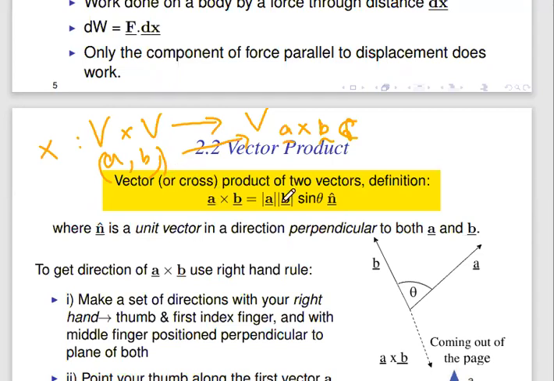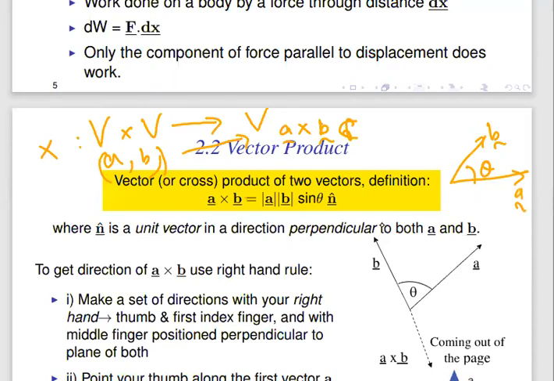Some people call this cross product, some people call this vector product. The definition is magnitude of A times magnitude of B times sine of theta, where theta is the angle between vector A and vector B.